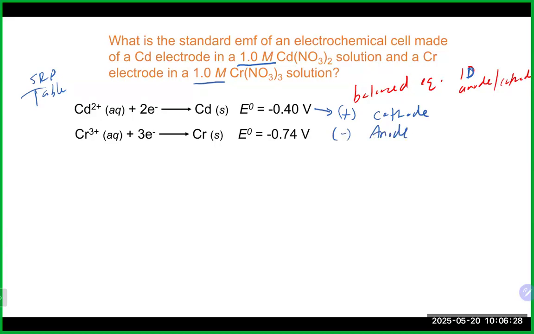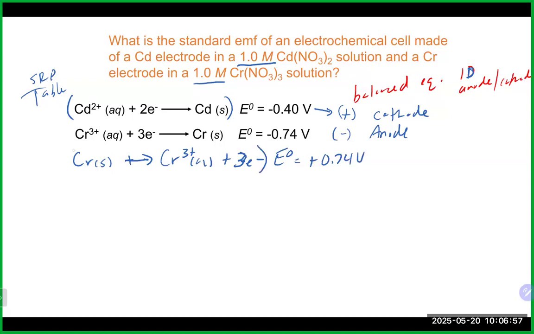So technically speaking, if we wanted the balanced equation here, our cathode one is fine the way it is. This guy technically would be reversed, which means we would have this, not that, goes there, plus that, and 3 electrons. And because we reversed it, technically speaking, this would be plus 0.74 volts the way that I wrote it.